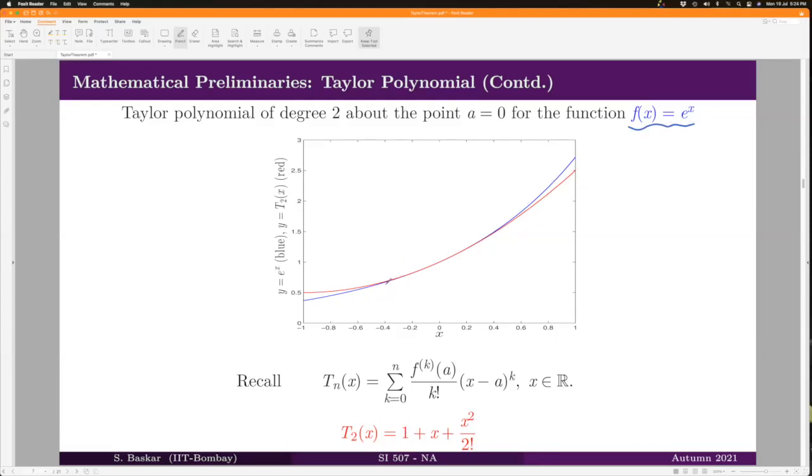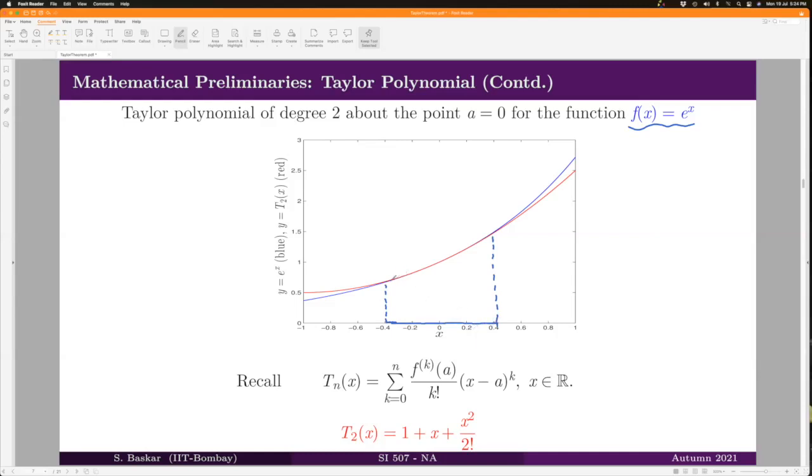So here you can see that the Taylor polynomial of degree 2 is approximating the original function e to the power x in a little bigger interval than it was approximating well in the case of the Taylor polynomial of degree 1 in the previous slide, right?